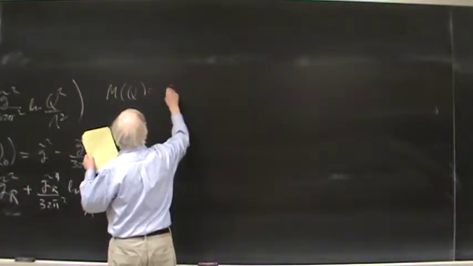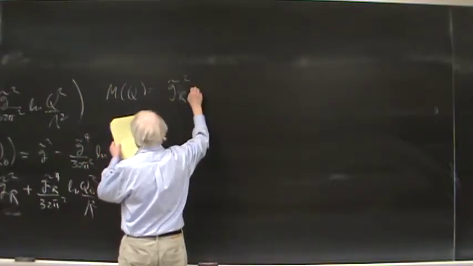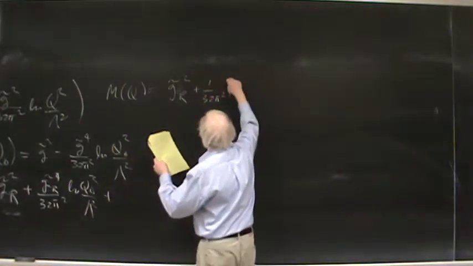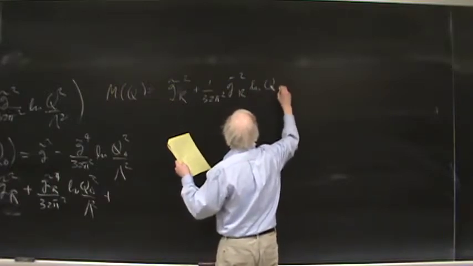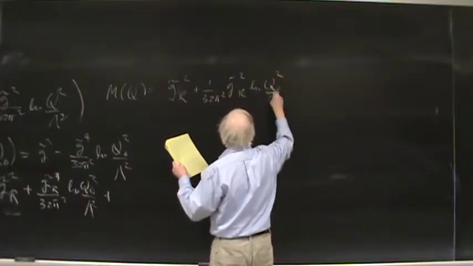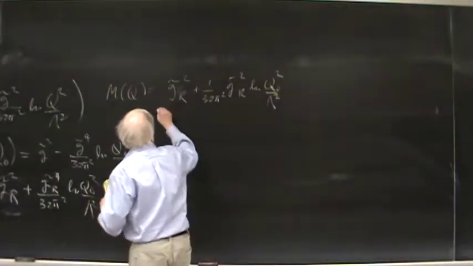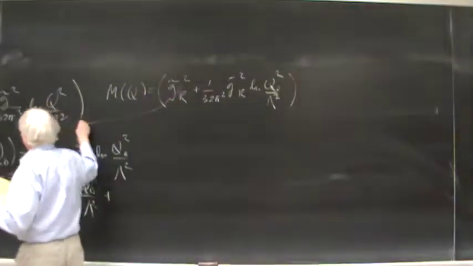The first term is G tilde squared R plus 1 over 32 pi squared G tilde squared R log Q0 squared over lambda squared. So this whole thing is that term there.